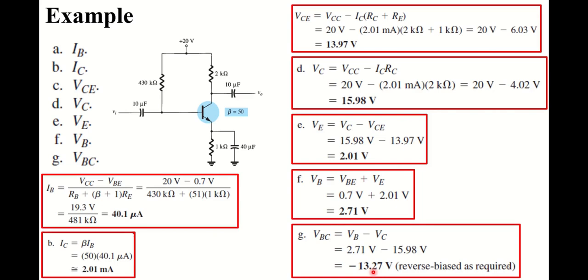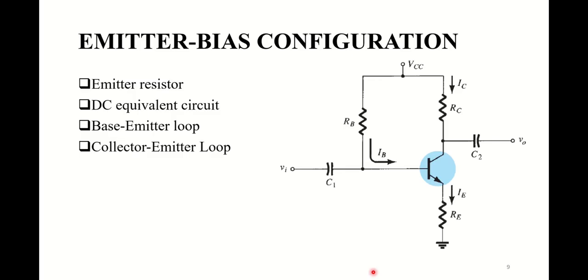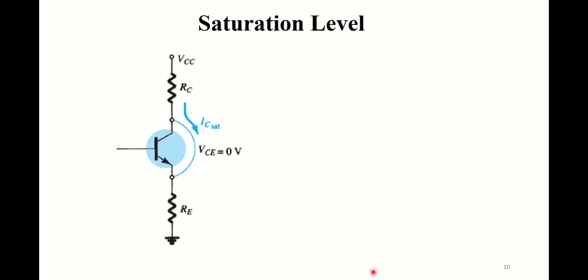The next quantity that needs to be discussed about this configuration is saturation level. In order to find the value of saturation current for any configuration of a BJT, the collector and emitter terminals should be short-circuited, as can be seen in this particular figure. By short-circuiting the collector and emitter terminal, the collector emitter voltage will become equal to 0.